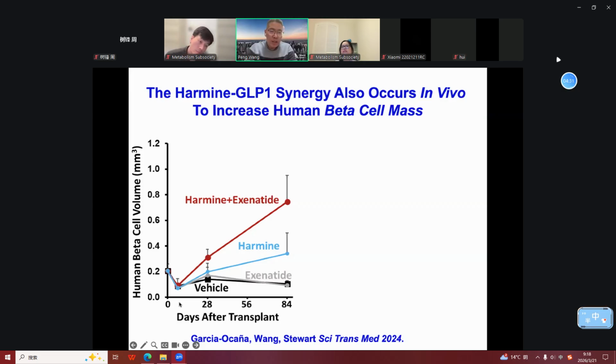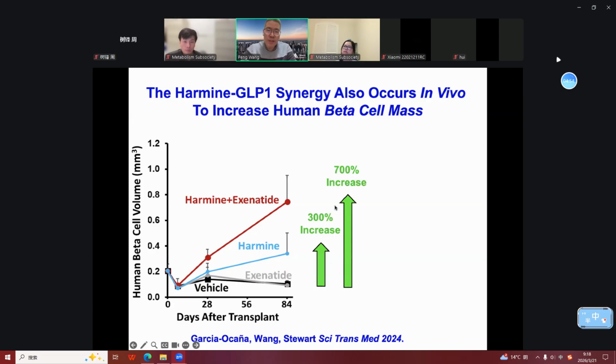On the x-axis is the time, the days of treatment with the different treatments. We can see here that harmine treatment increases about 300% of the beta cell mass compared with control and X94. Harmine plus X94 can increase 700% of the beta cell volume.